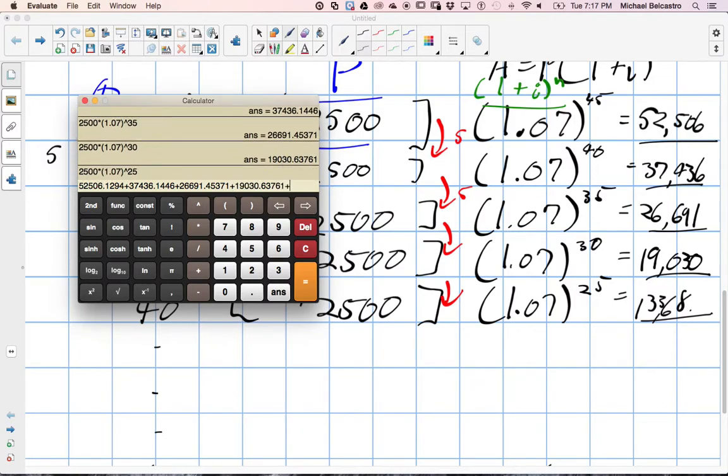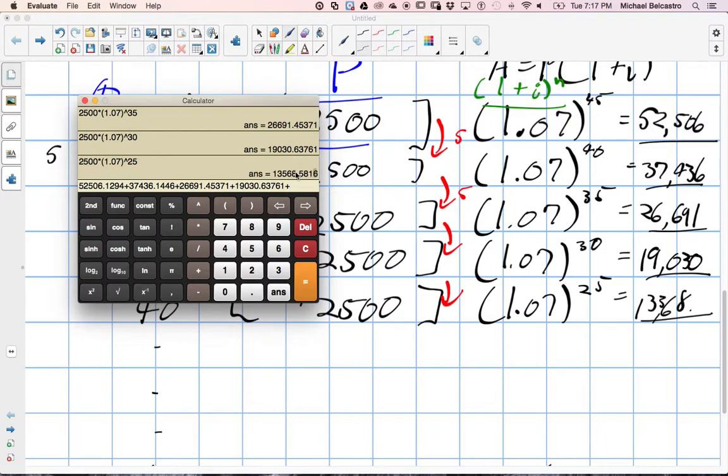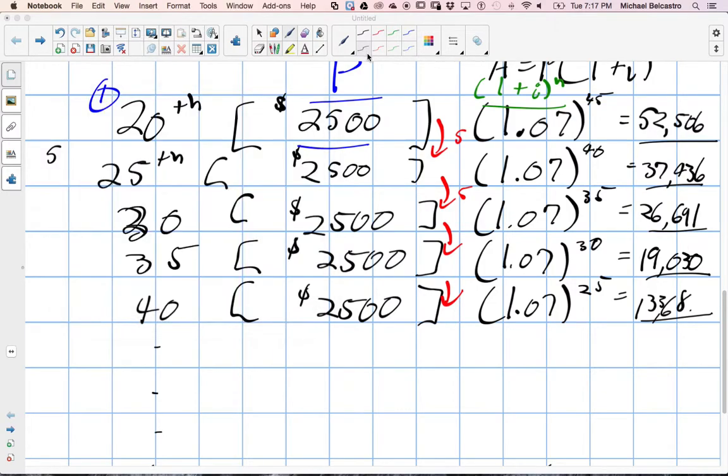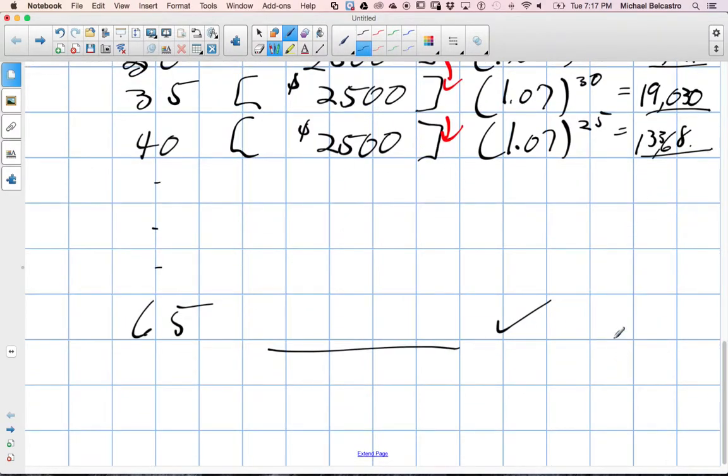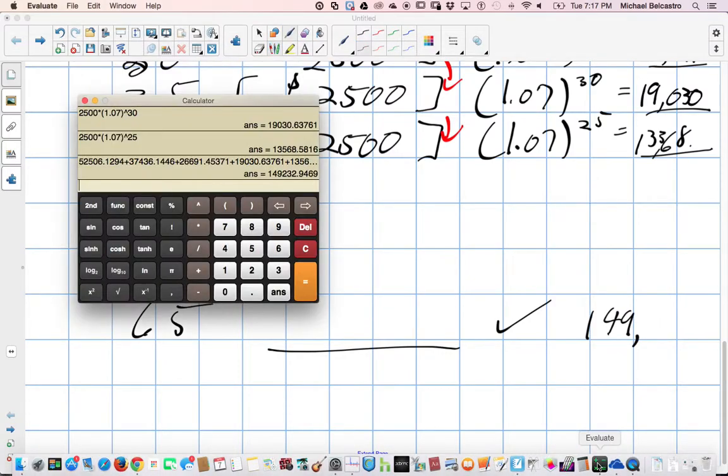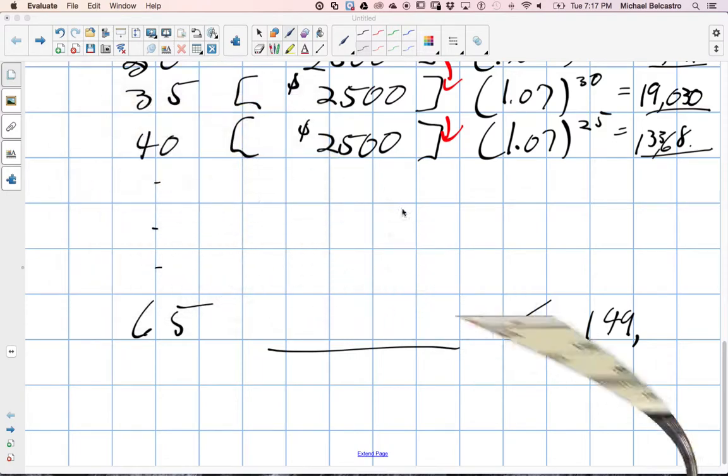According to this, we'll get, that's a lot of money, 149,232 and 94 cents.